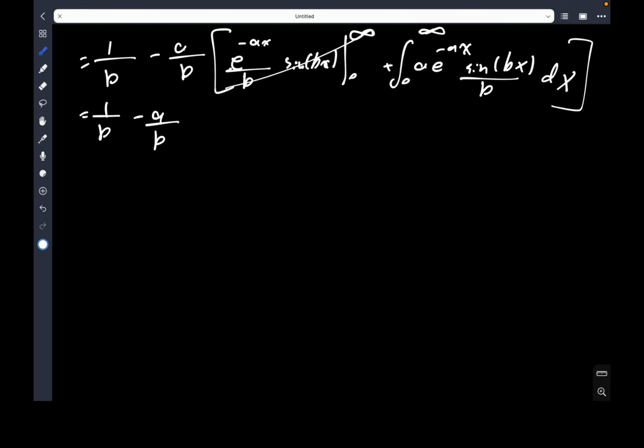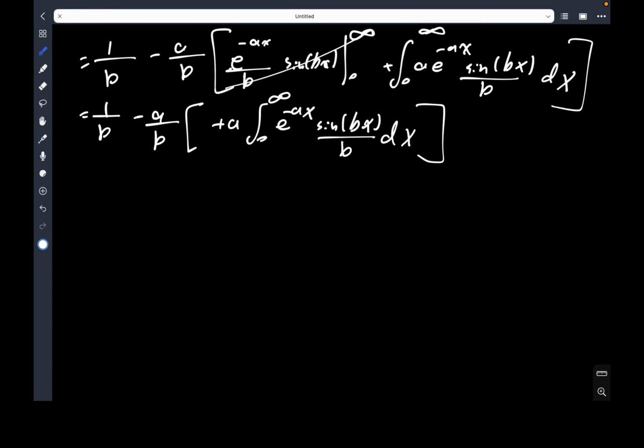This limit is going to go down to 0, plus a, the integral from 0 to infinity of e to the negative ax sine bx over b dx.